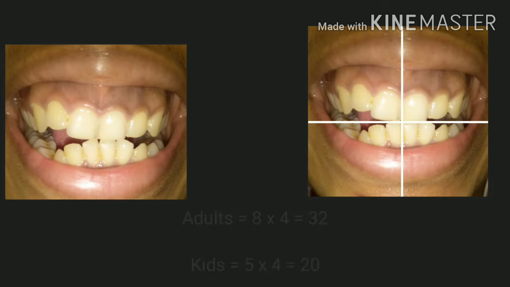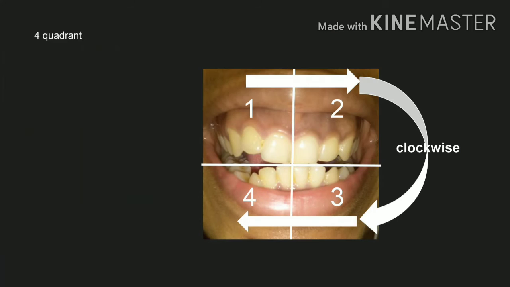In kids, 5 teeth on each side, 5 multiplied by 4 equals 20 teeth. It's very, very important.